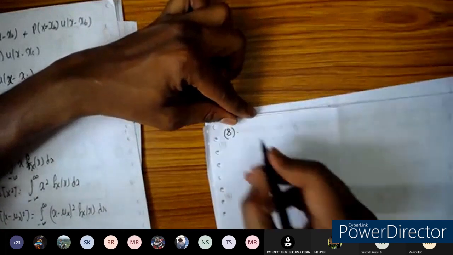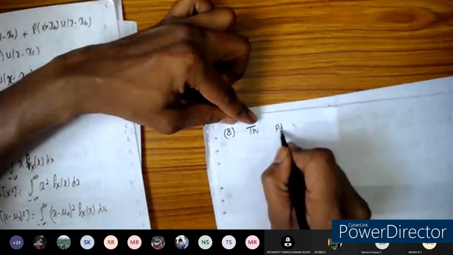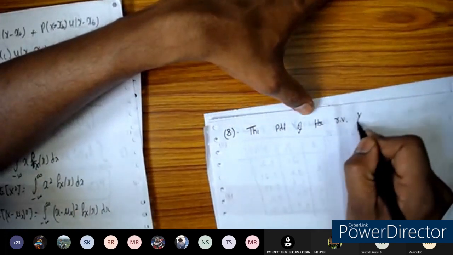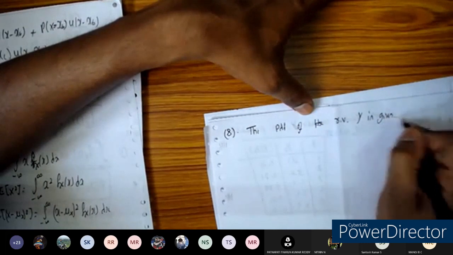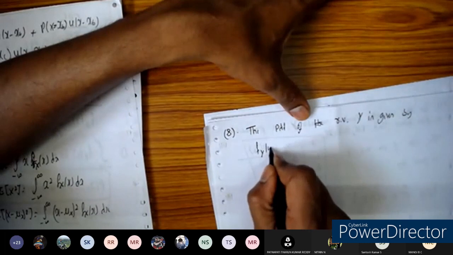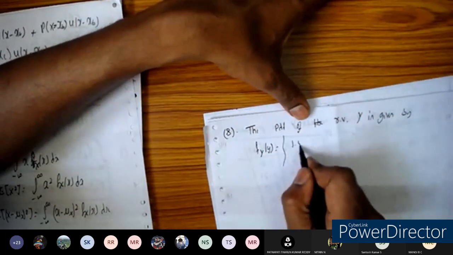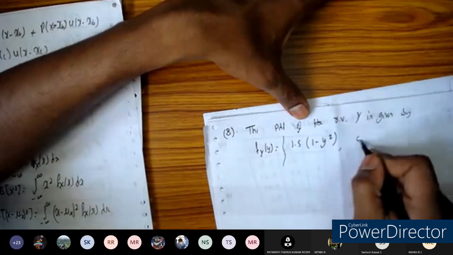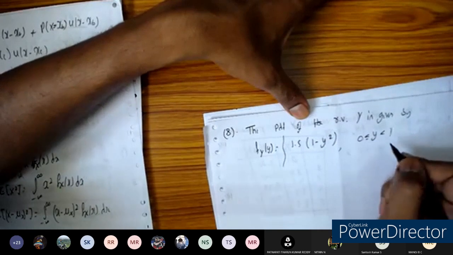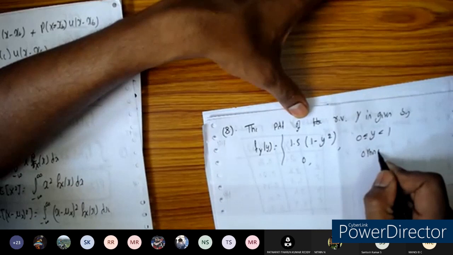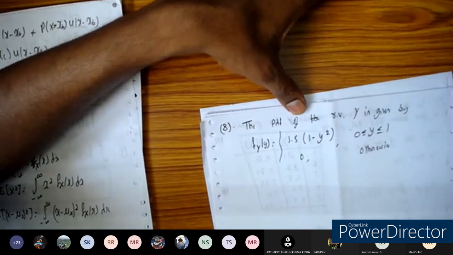The PDF of the random variable y is given by fY of y is equal to 1.5 into 1 minus y square for 0 less than y less than 1, and 0 otherwise.